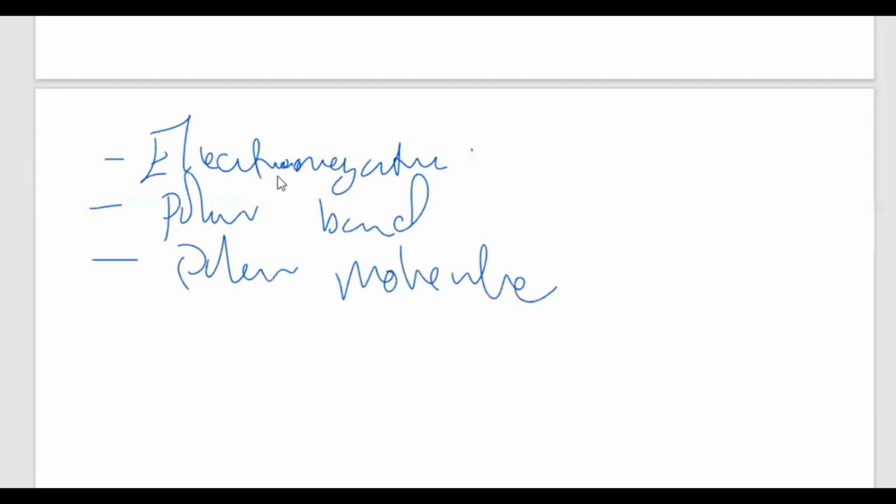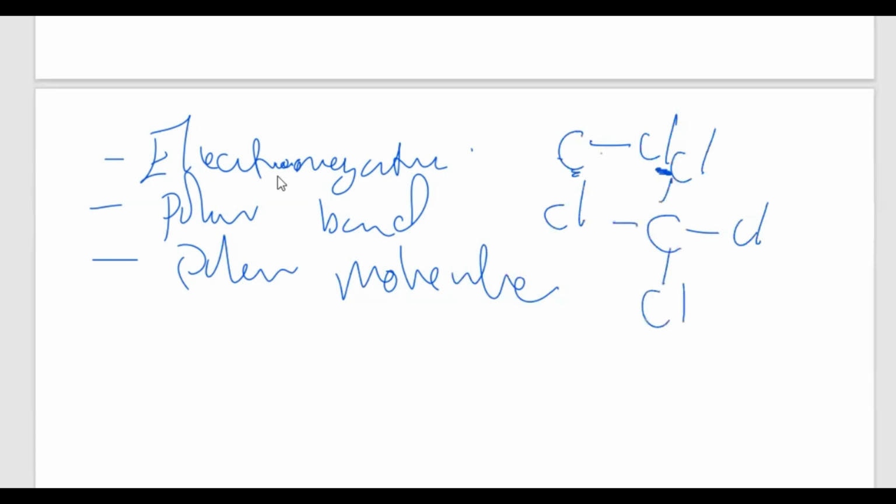Because you can have polar bonds, but the molecule is not polar. For example, you can have carbon and chloride. Because this one has a different electronegativity from this, it is going to be a polar bond. But because I have trichloromethane, chloride, like that, this bond is polar, this bond is polar, this bond is polar, but the whole molecule is not polar.